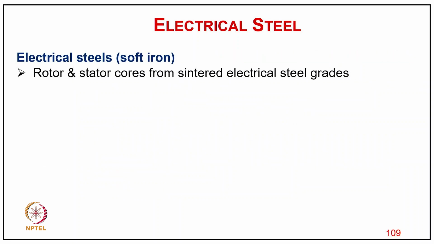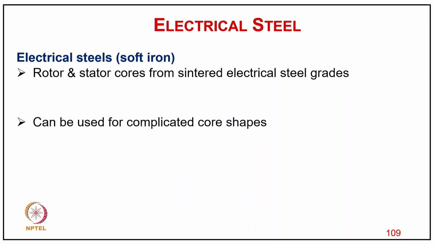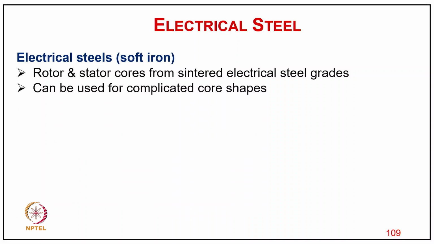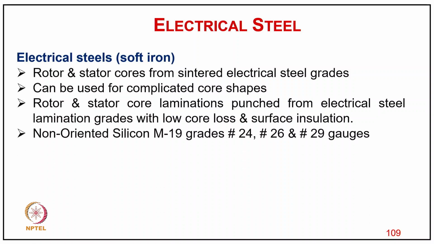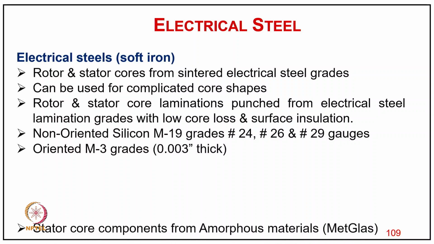So electrical steel, which is a soft iron, is used for rotor and stator cores, from sintered electrical steel grades, and can be used for complicated core shapes. Rotor and stator core laminations are punched from electrical steel lamination grades with low core loss and surface insulation. For non-oriented steel, a typical example is the M19 grade, with 24, 26 or 29 gauges available, and oriented M3 grades typically with 0.03 inch thick laminations.